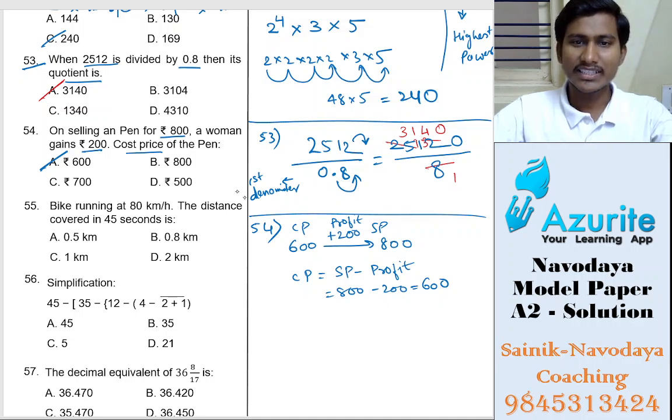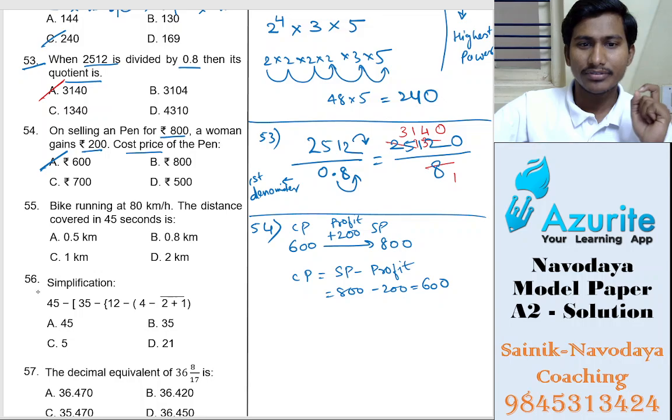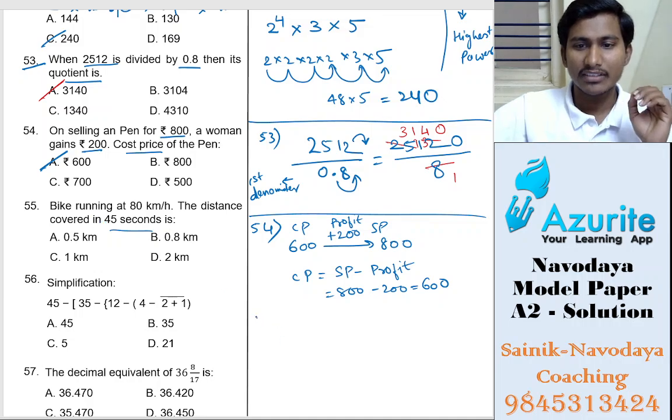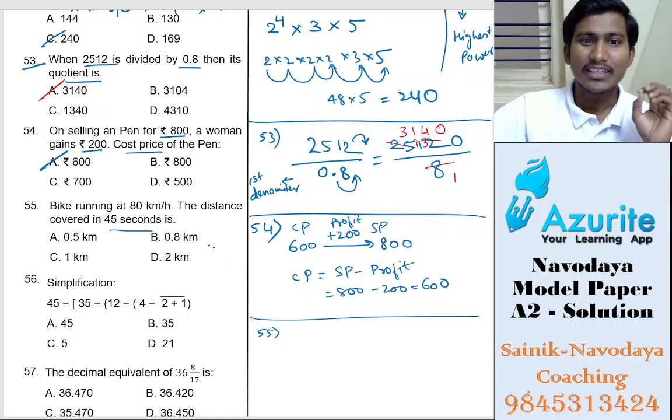Now let us see the next, that is the 55th question. A bike running at 80 km per hour, the distance covered in 45 seconds is the question, right? It is very easy. Speed is given as 80 km per hour.